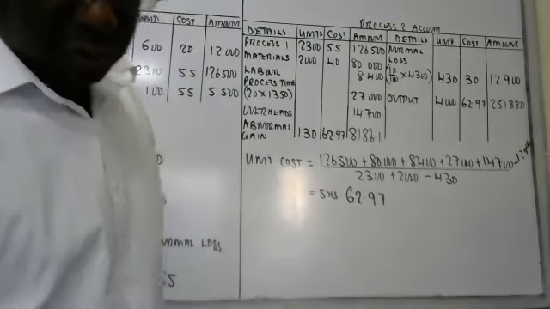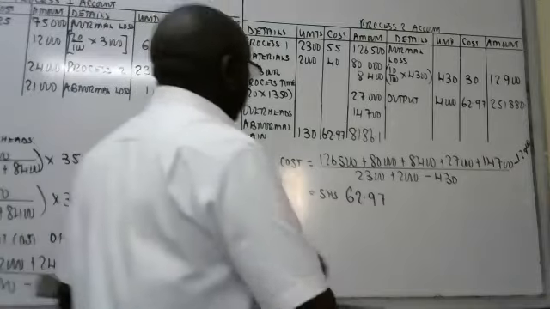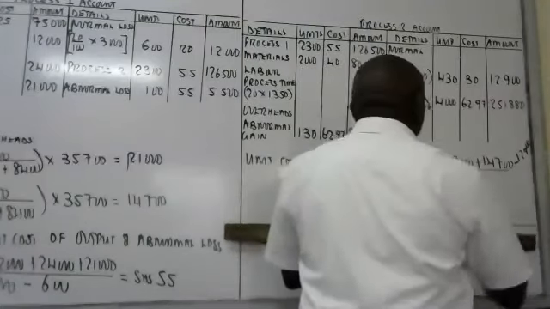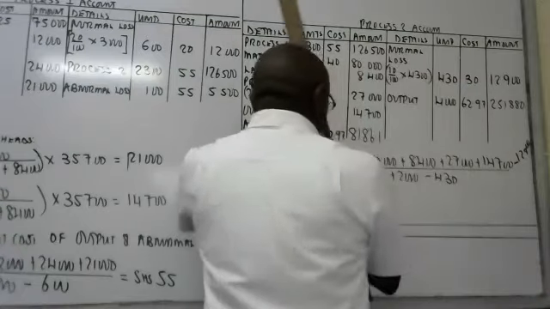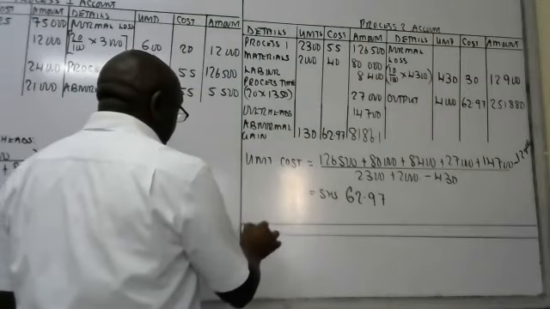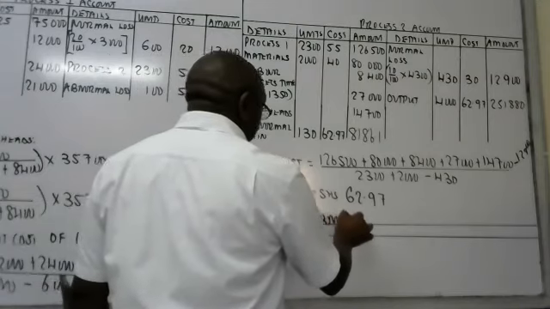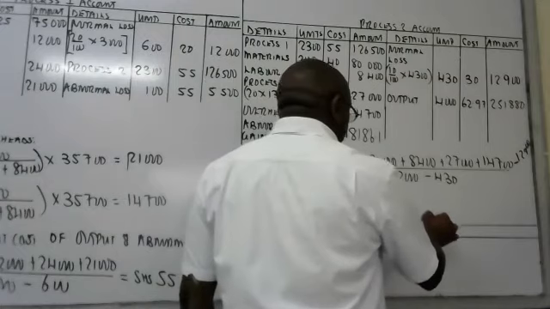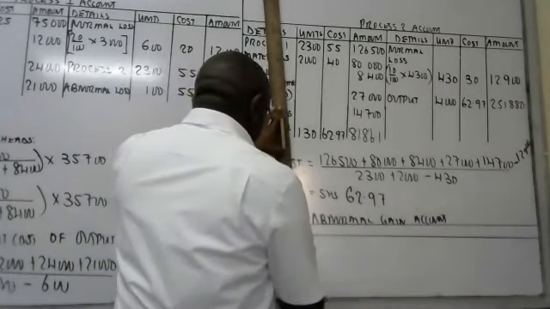Then we are told to do abnormal gain accounts. So let us draw that, like a small one. We are drawing now abnormal gain accounts. So we have details there.